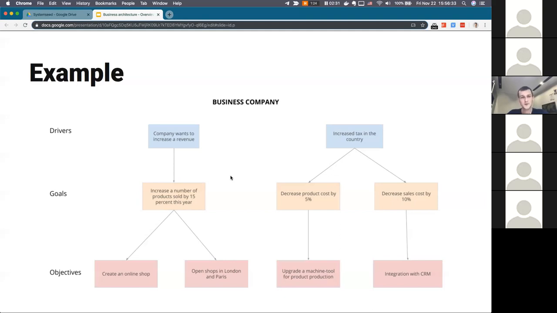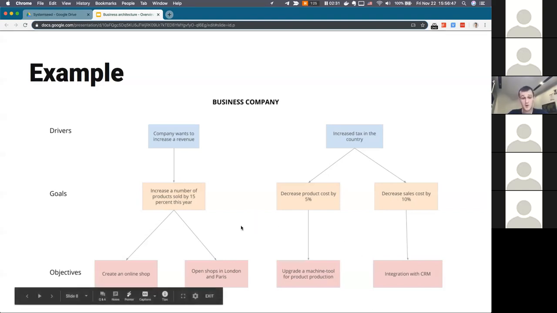It will also help us to understand and recommend technology they can use, because we clearly understand the reason why we need to do an integration with CRM, for example, or why we need to create this online shop.